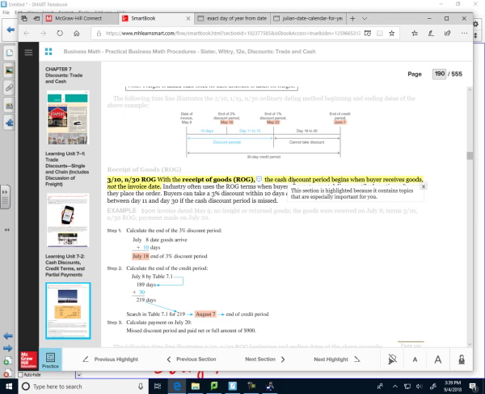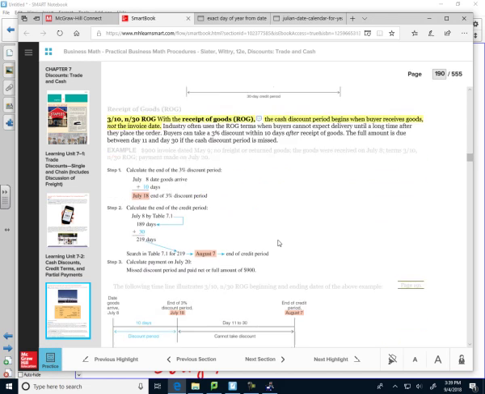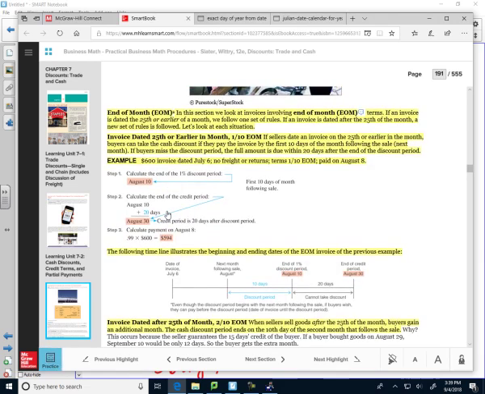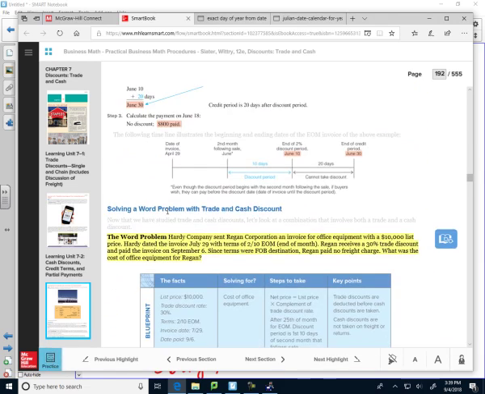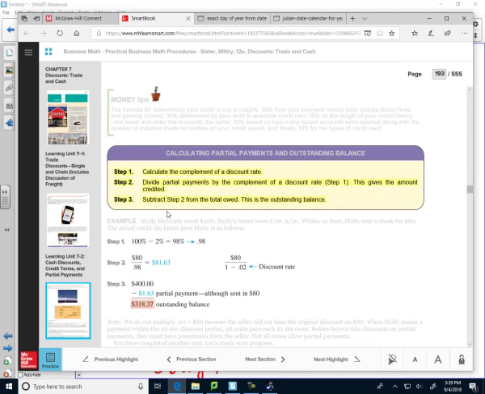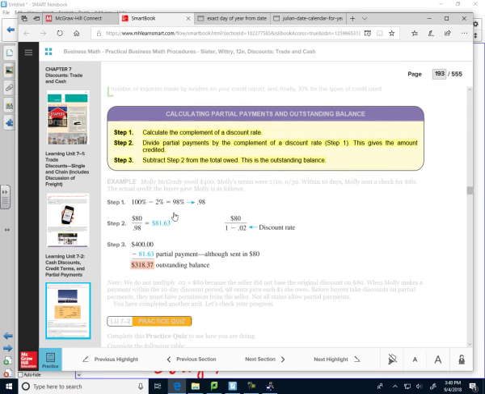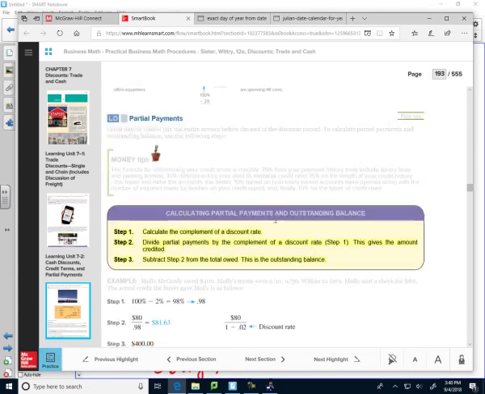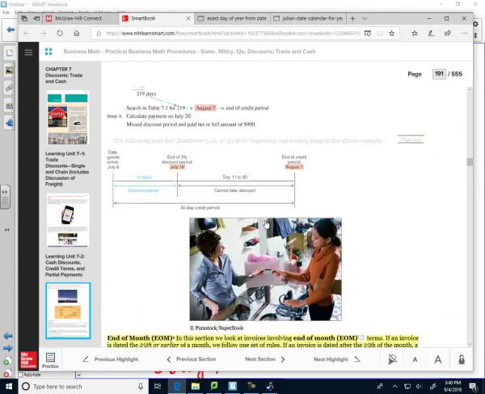In that case, the cash discount period begins when the buyer receives the goods, not the invoice date. So that's a wrinkle we'll talk about next time. There's also end of month, and we'll talk about that next time. And there's partials here, and they're really not that bad, okay? There's just a few more steps involved. So we'll look at that next time.